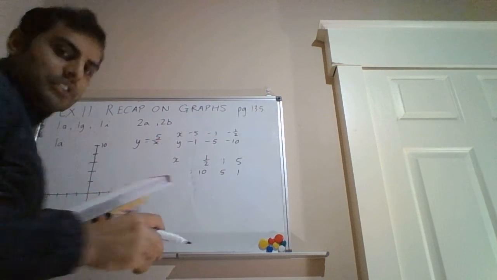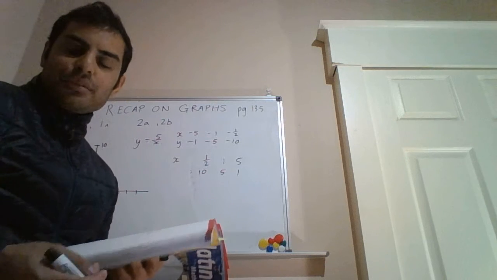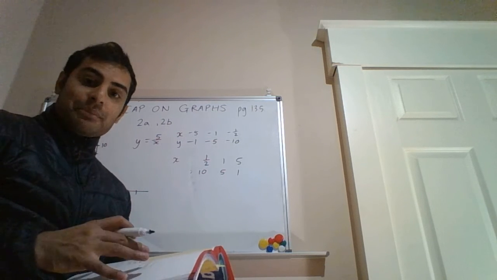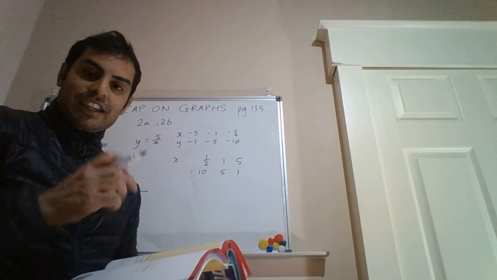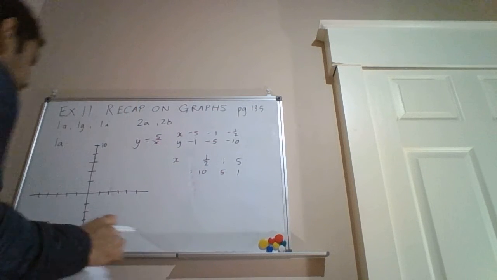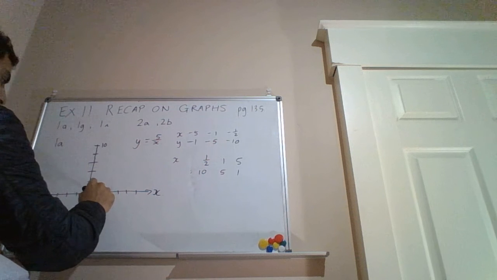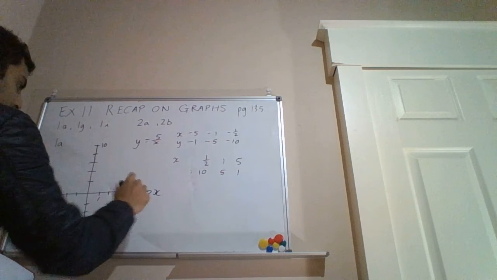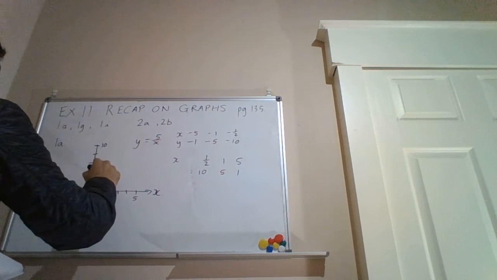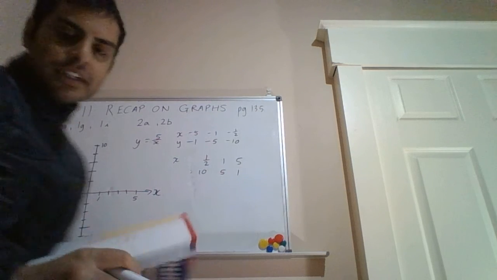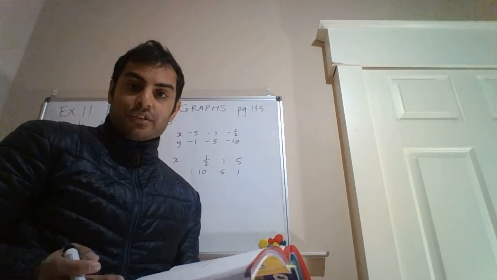Not to dwell on this too much, but I've taken a lot of time in establishing the intervals that I want. The intervals along the x-axis are going up in 1s, and the intervals on the y-axis are going up in 2s. You're free to choose.